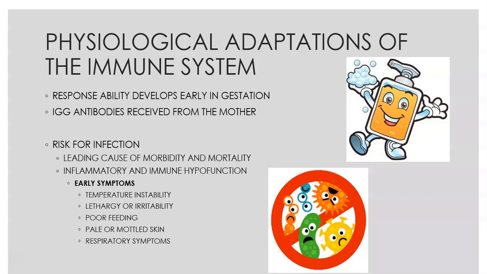So a lot of times they get monitored, and we watch them, and once their cultures come back and show they're negative, they go home. It's just for extra safekeeping, because they can progress so rapidly. The American Academy of Pediatrics even recommends admitting them up to 3 months of age, because they only have a little bit of boost from mom. So if they are having a fever, then it indicates a potentially pretty serious infection.